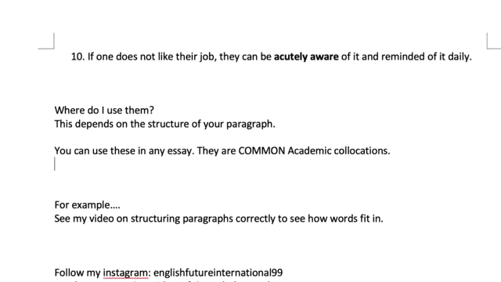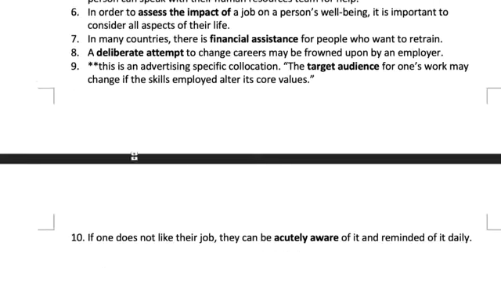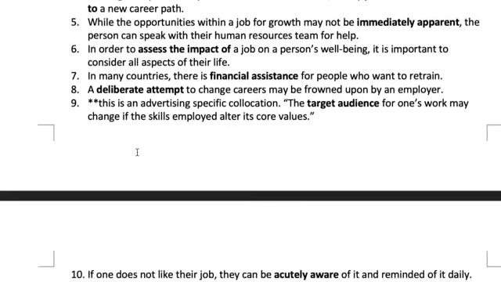So if you had an essay that said, should fast food be banned? And you're writing about it, and you can say, well, here you go right off the top, adverse effects.